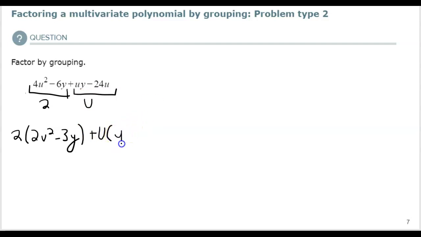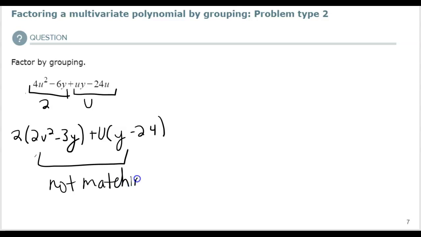So I end up with a y minus 24. So when I see this, these are not matching. So what I may have to do is rearrange the original.